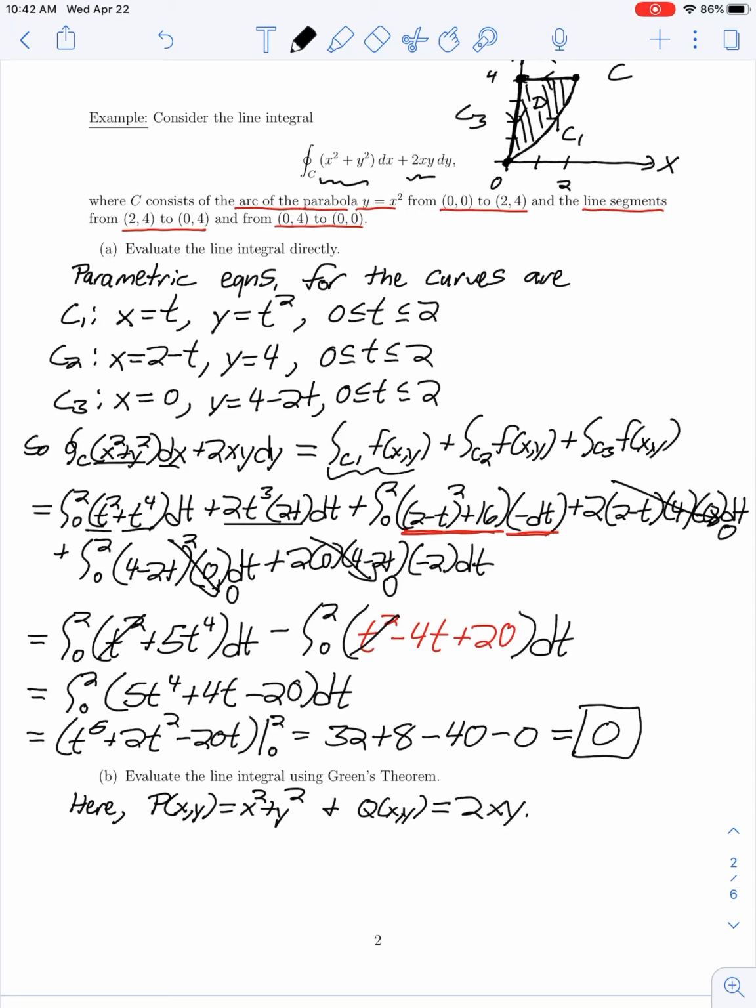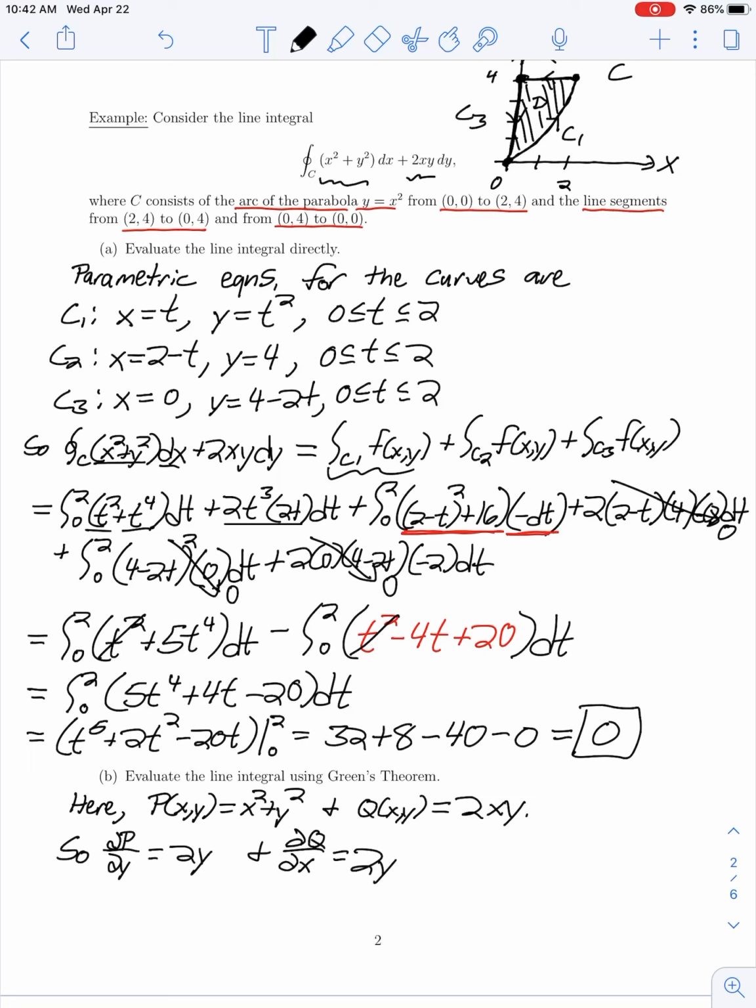So to use Green's theorem, I need to find the partial derivatives of these functions with respect to x and y. So here the partial derivative of P with respect to y is given by 2y, and the partial derivative of Q with respect to x is also 2y.